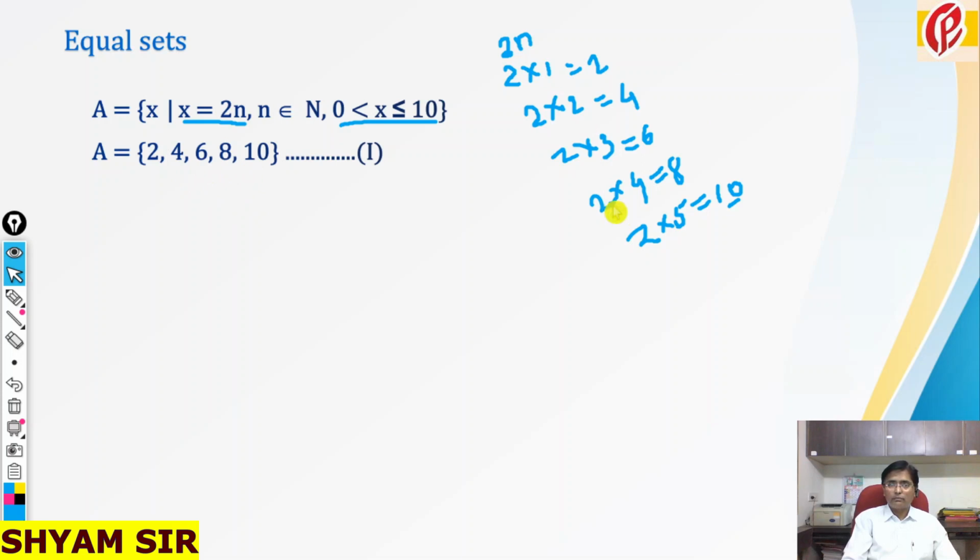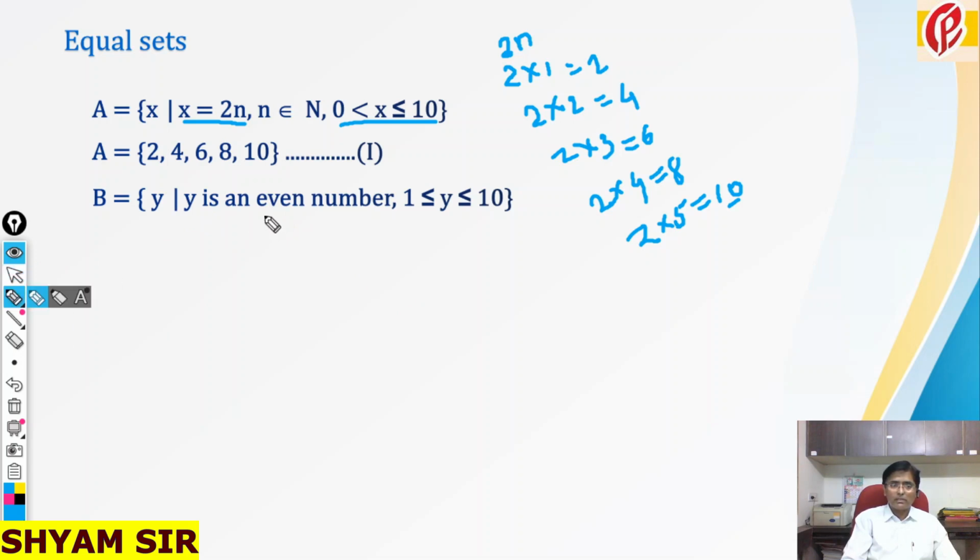Getting this? Okay. Next is B is equal to {y such that y is an even number, and y is between 1 and 10, and y is equal to 10}. Here y is an even number.